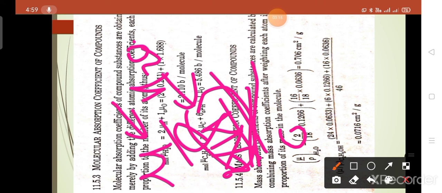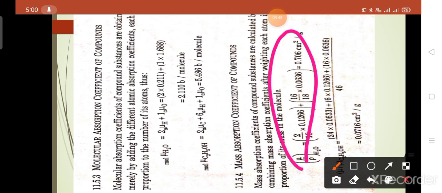Into 0.1266, plus 16, where 16 is the atomic mass of the oxygen atom, divided by 18, the atomic mass of the water molecule, into 0.0636.